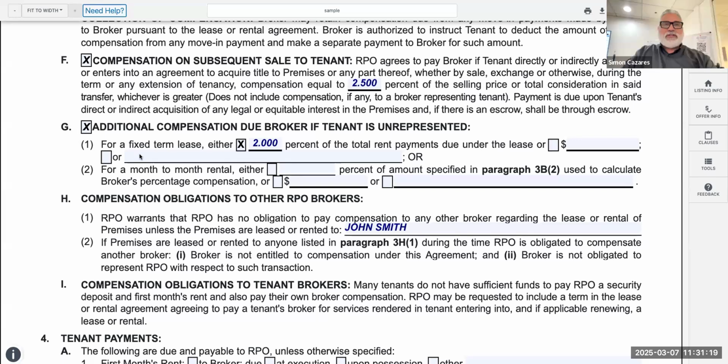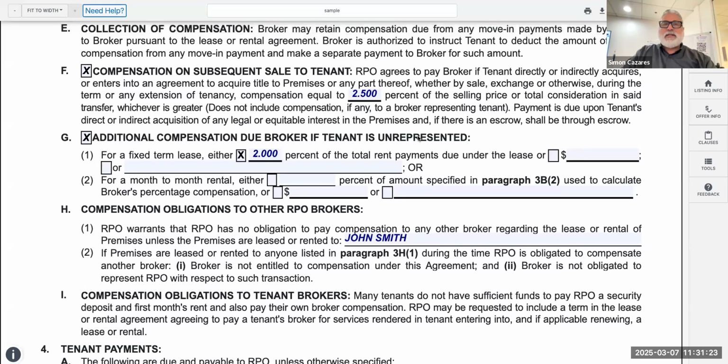Right. So here under G3, additional compensation due to broker if tenant is unrepresented. That means that you're the listing agent, listing this place for rental. And someone comes in or calls you, says, hey, I'm not working with an agent, but I would like to submit an application. Great, not a problem. You can do one of two things. One, you can ask to be part of the process to represent this tenant, and then you'll do a tenant representation agreement.